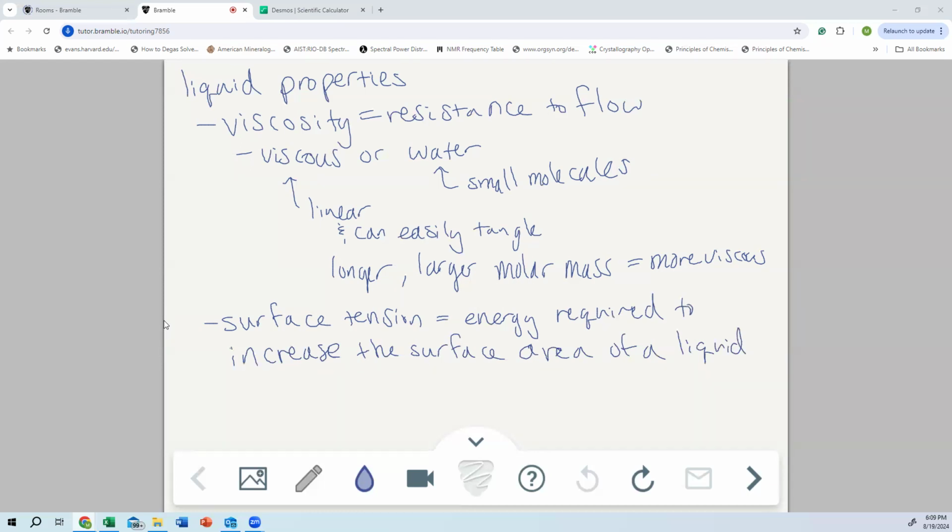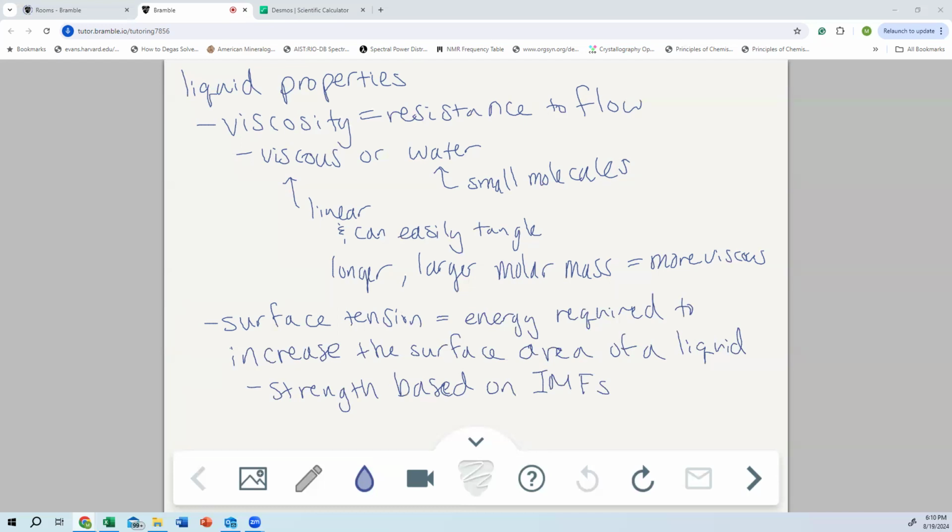And this is going to be based entirely on intermolecular forces. So our IMFs are intermolecular forces. Water is a substance that has a very high surface tension. We can kind of think about it as the ability to break through the surface.